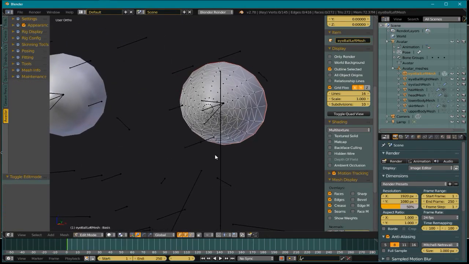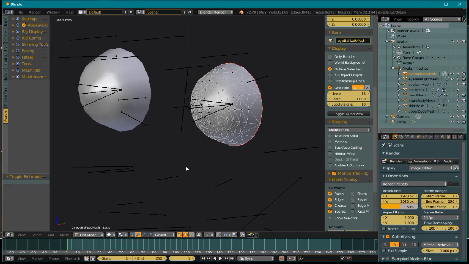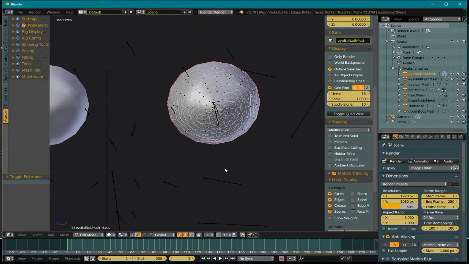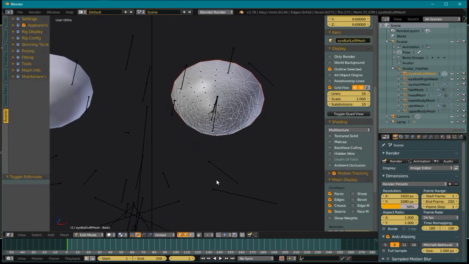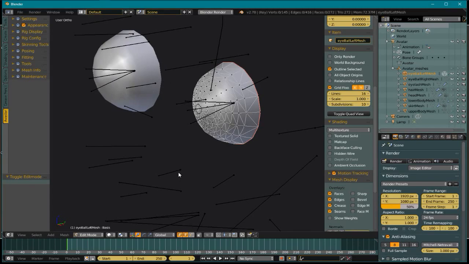With any kind of eyes in 3D, some of the most important parts are lining up the pivot point. The pivot point needs to be perfect with the pivot point of the bone, or else the eye is not going to turn perfectly and move side to side or up and down.